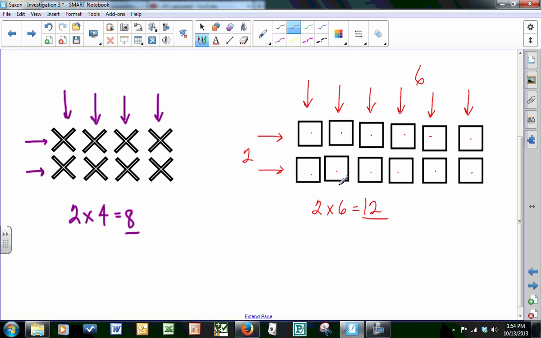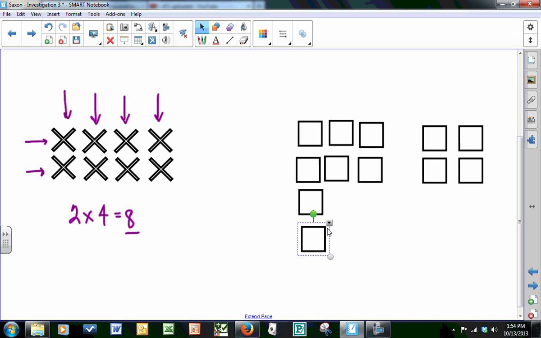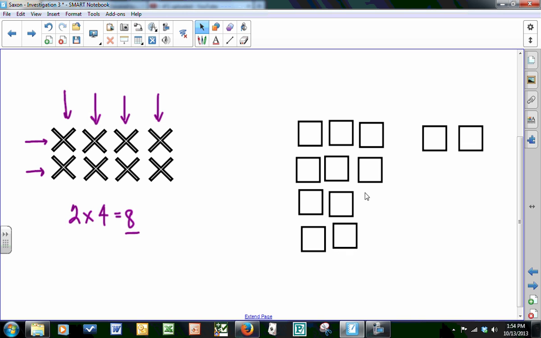Now the really cool thing about an array is you can take them and you can rearrange them. If I wanted to take these and arrange them like this, just move them around so that I had the same number, this isn't very straight.